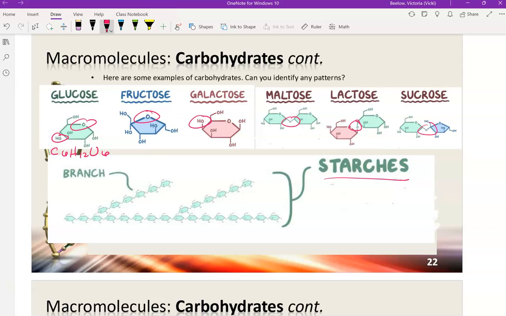Remember we talked about monomers and polymers? Technically you could consider the two-unit ones polymers, but we'll have a different name for these because there are only two things bonded together, not many like in starch.